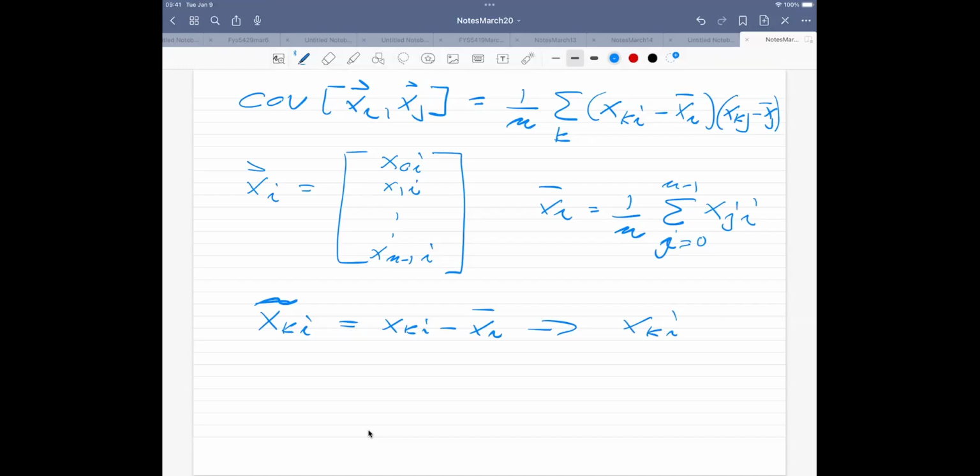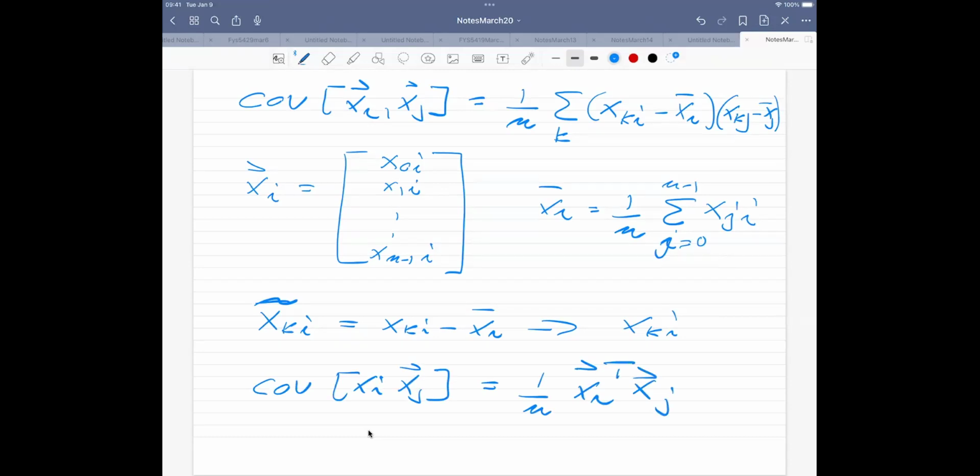Now, keep in mind that this covariance, as it's written here, is just a number. So it's not a matrix. This is 1 over n, and then this is just x of i transposed times x of j vector.